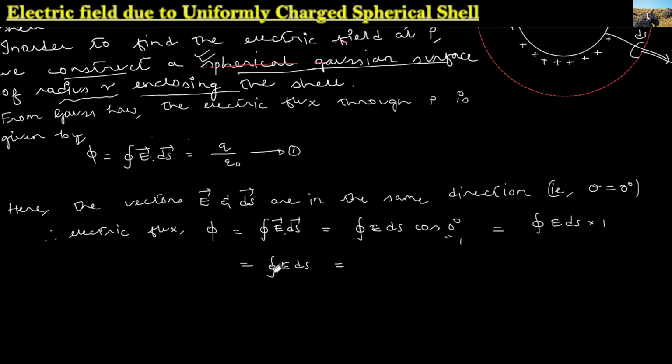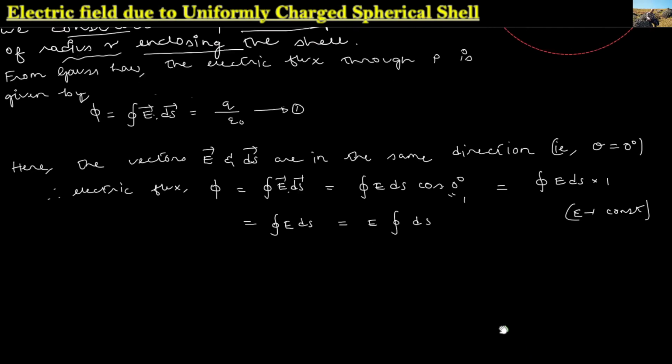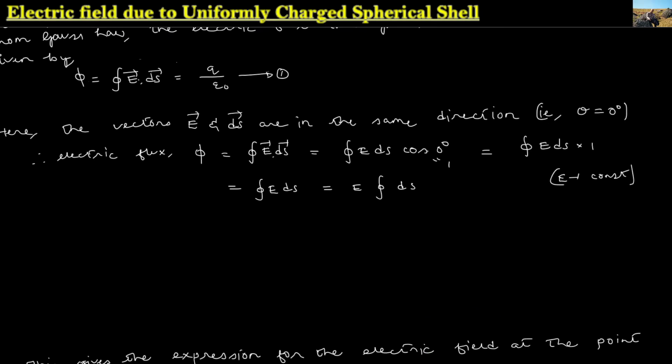But this electric field is constant over the entire surface. This electric field E is constant over all this spherical surface, that Gaussian surface. So under the condition that E is constant, we can take that E outside, and then we are left with closed integration of ds.